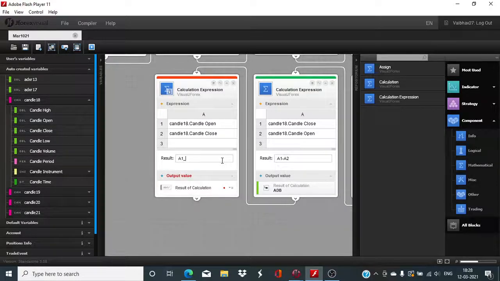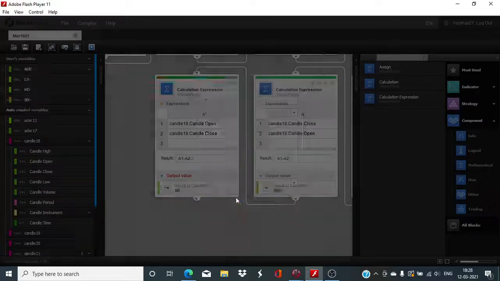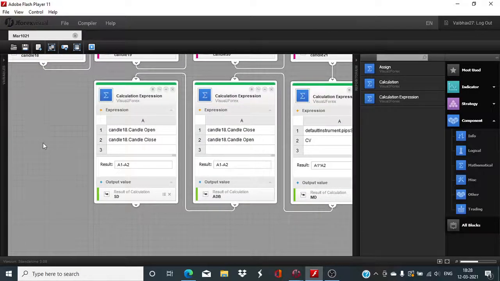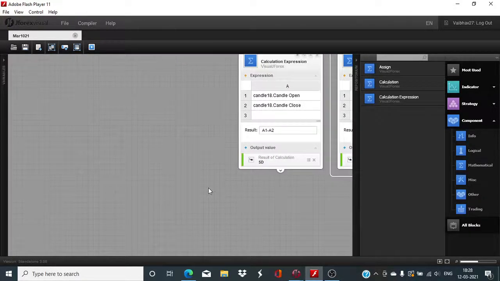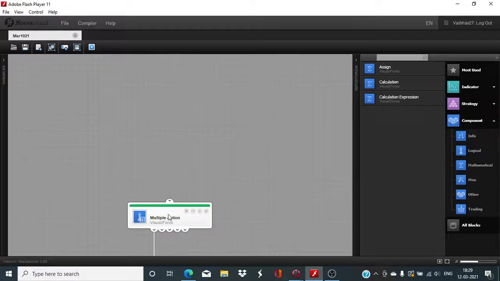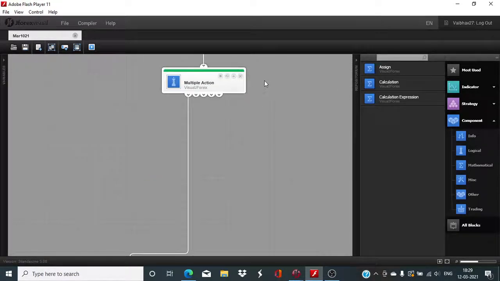A1 minus A2, and this will be sell side difference. Okay, and now for the time being we are not going to define the stop loss and take profit values, which are going to be kept dynamic. First we will complete the sell side. So again I am joining it here, but we will have to disconnect it later on.